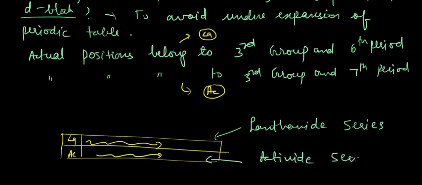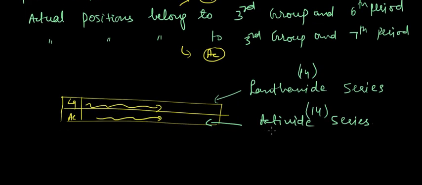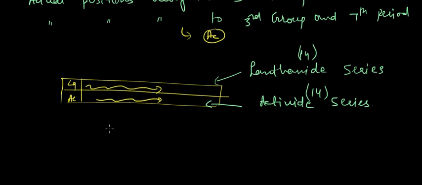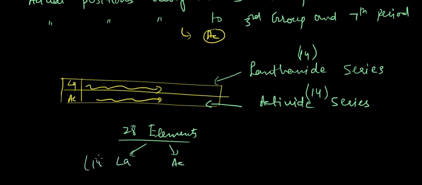So both of the series contain 14 elements. Okay, and a total of 28 elements would be there. So 28 F block elements consist of lanthanide and actinide series, both having 14 elements.